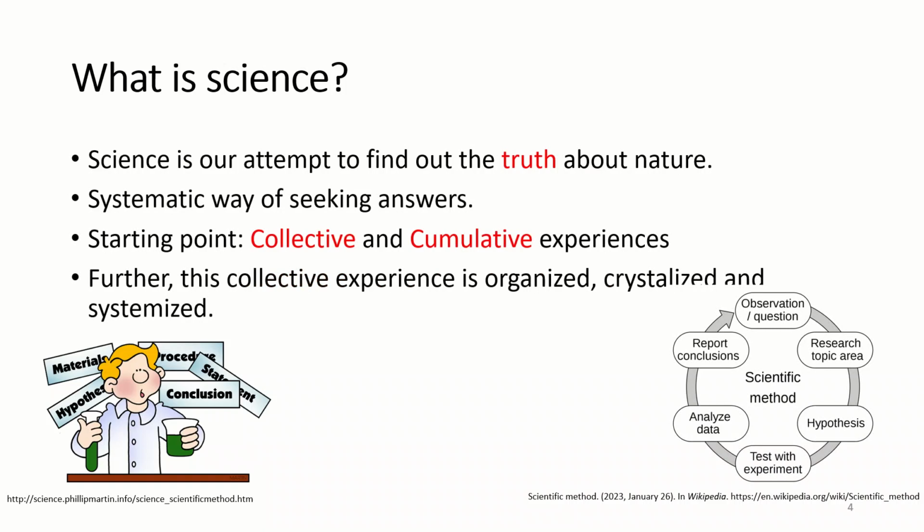So one of the important things is to organize, crystallize, and systemize whatever observations we get. This is a continuous process. Science is something that goes on continuously, as in our daily life. Our research never gets finished.